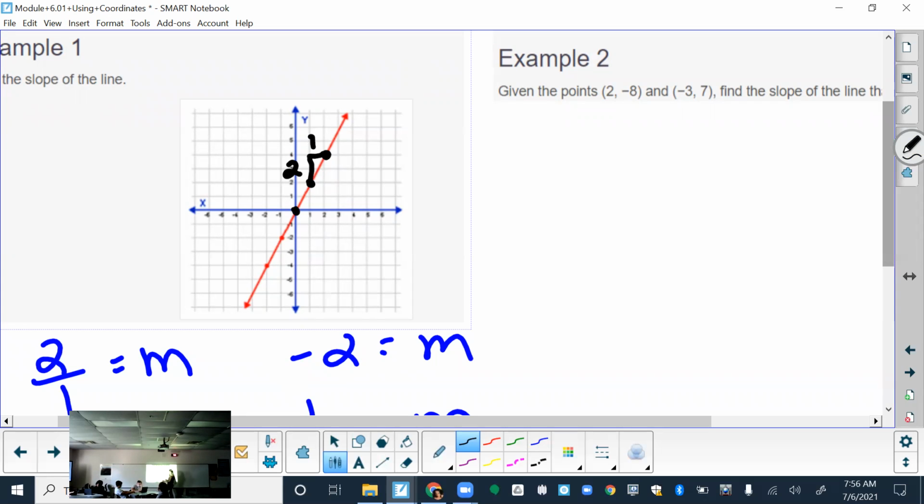And since it is rise over run, should it be 1 over 2 or 2 over 1? 2 over 1. Good. Can I simplify that a little more? What would I simplify it to? 2. Right? I'll still accept 2 over 1, but really 2 is the final answer. Questions about that?